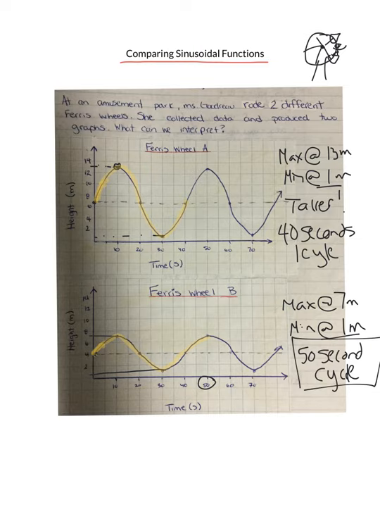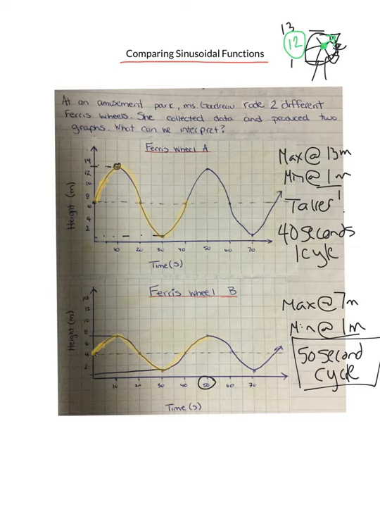We know that the highest point, I'm just going to pick Ferris wheel A for example, is 13, and the lowest point is 1, and so I know that in between here, there's 12 meters. That means that this Ferris wheel has a radius of 6 meters, or an amplitude of 6 meters.